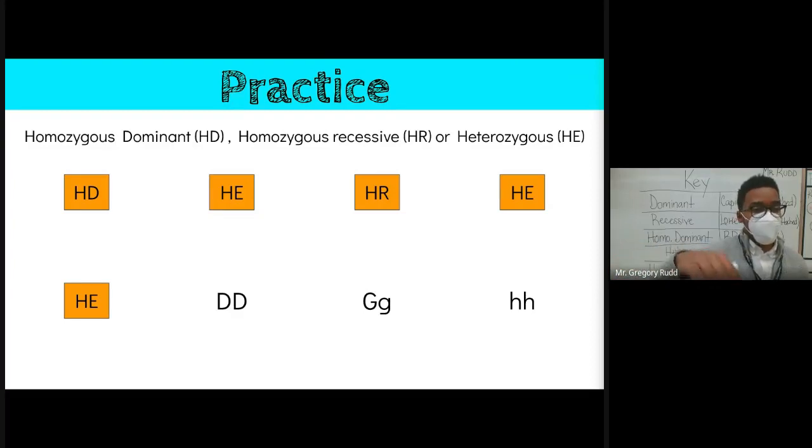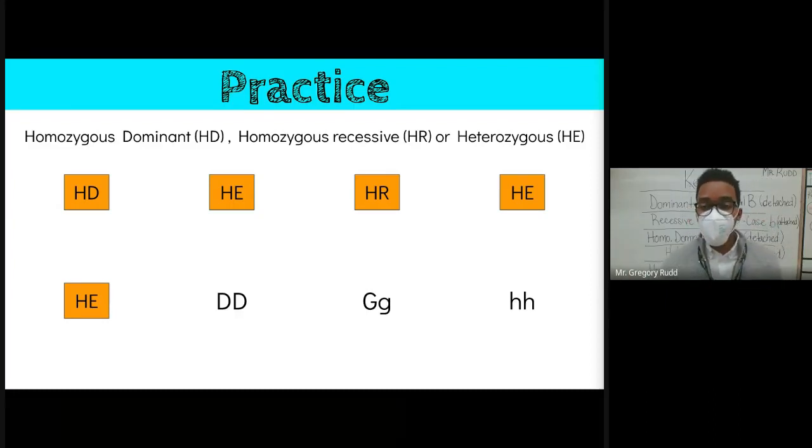We know it's either HD for homozygous dominant or HR for homozygous recessive. Which one is it going to be? It's HD. Why? Wonderful. So we see that they're the same, and we can also see that they are capital letters. So that means that it's got to be dominant, homozygous dominant. Good job.